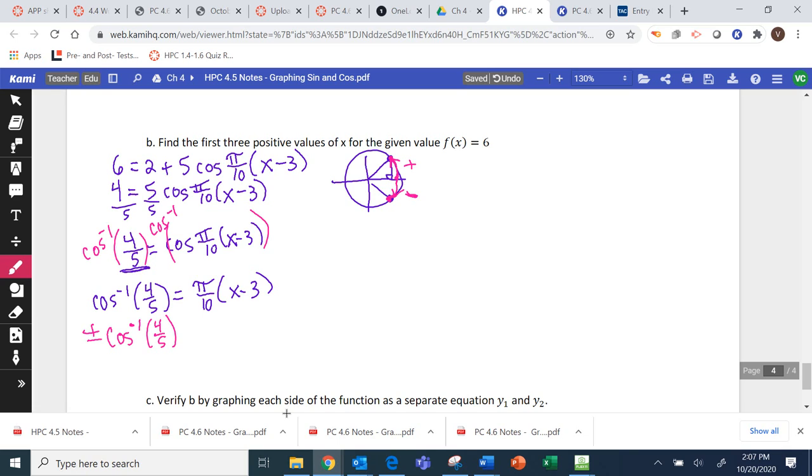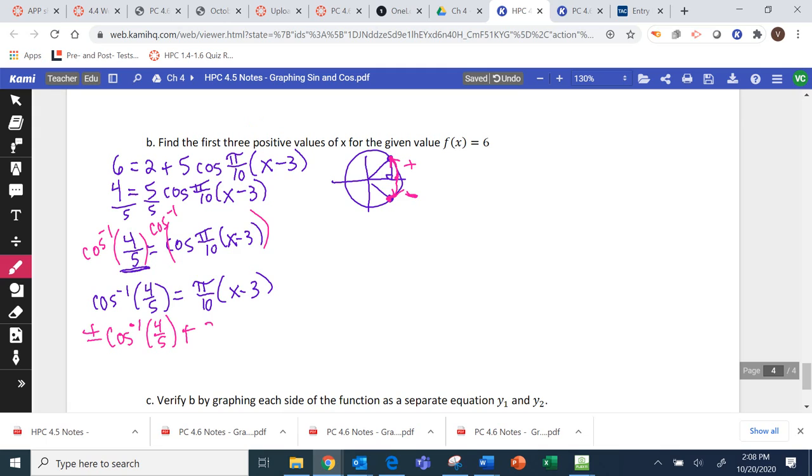So for those 2 answers, how could I get another answer that is coterminal with those? What would I do to get another answer that's coterminal? It was on our test, coterminal. What do we do? Add or subtract 2 pi. It doesn't really matter what we do. But since we are looking for positive values, I think I'm going to use the addition of 2 pi.